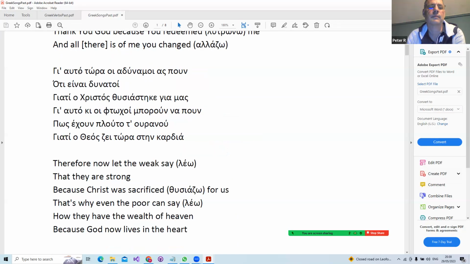Γι' αυτό τώρα οι αδύναμοι ασπρούν ότι είναι δυνατή, γιατί ο Χριστός θυσιάστηκε για μας.